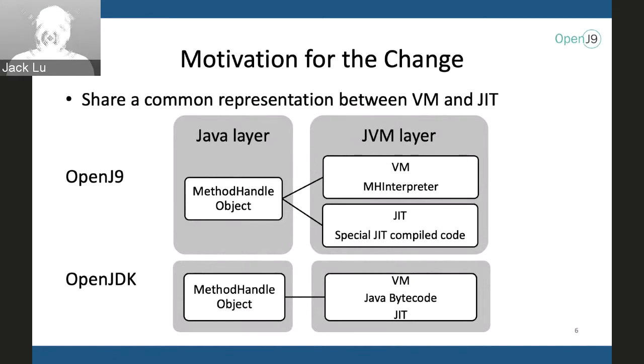At the moment, each type of method handle operation would require a new special native code to be added both in VM and JIT. By converting over to the OpenJDK implementation, different operations would just map to different Java bytecodes generated within the JCL and run from the VM and JIT. Hence, there's no actual native support required. Next slide, please.